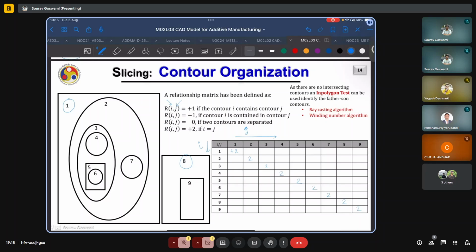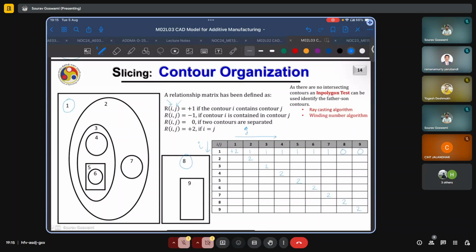Now for I equal to 1 and J equal to 2, we see that contour I contains contour J. So this is +1. 3 is also contained in 1. 4 is also contained in 1. 5 is contained in 1. 6 is contained in 1. 7 is also contained in 1. 8 is totally separate, and 9 is also separate.